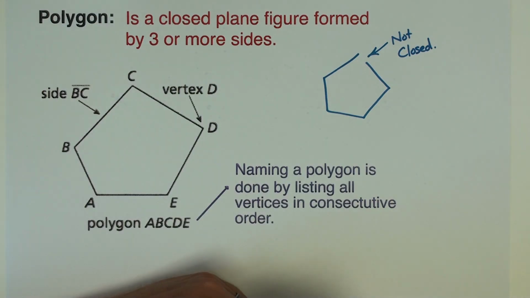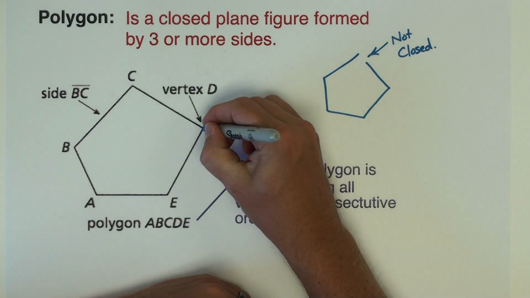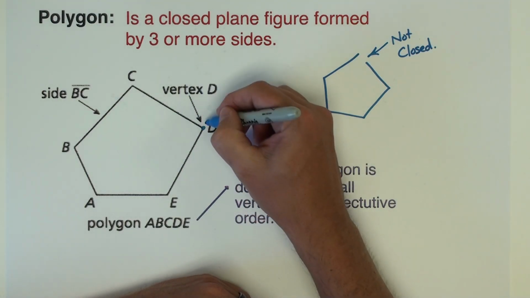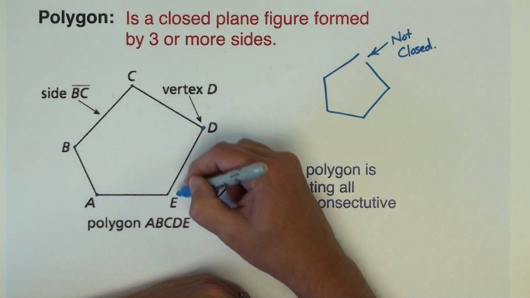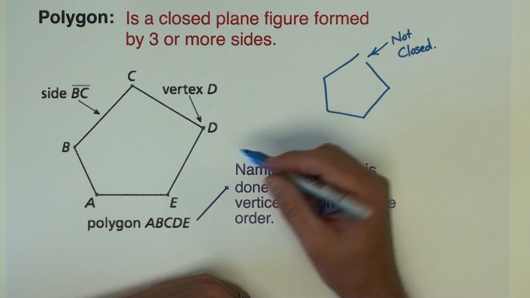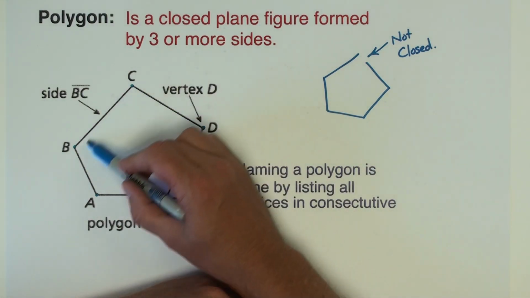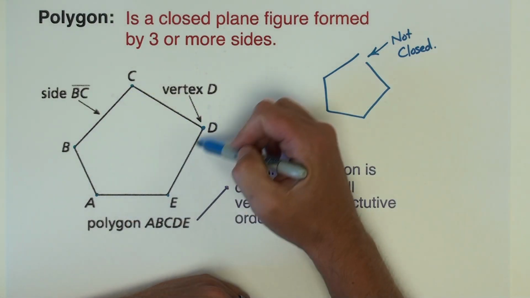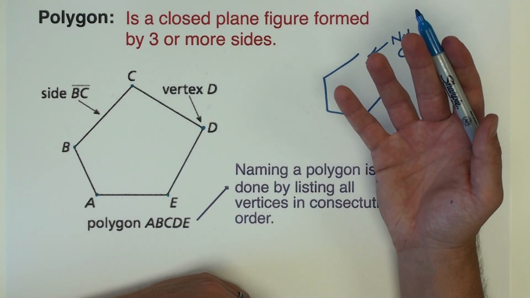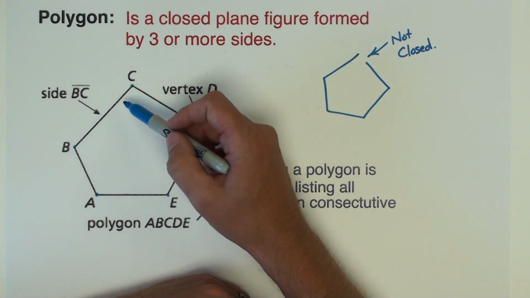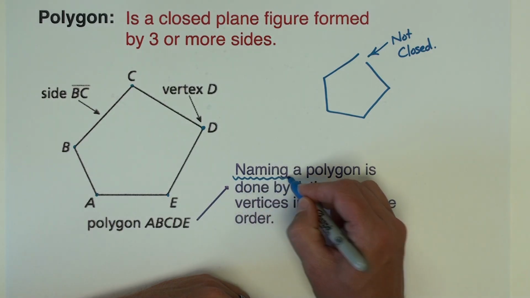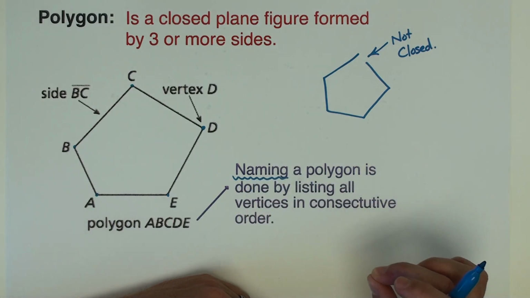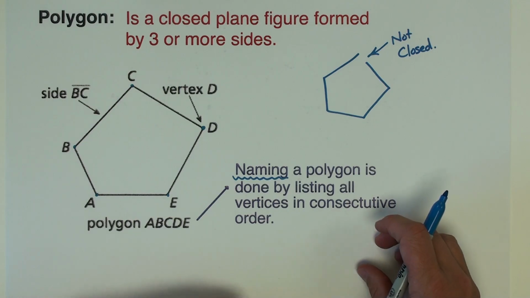Now, polygons are made up of vertices. The vertices, or singular vertex, are simply the points that make up the polygon. The segments between any pair of vertices are simply called the sides. So the sides are segments. And when we name a polygon, we simply name it by listing all the vertices.